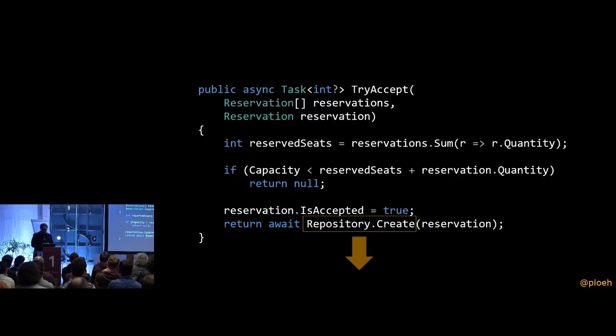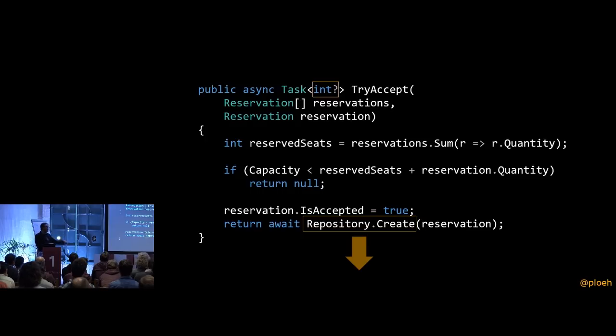So one way we could do that, we could say, well, we already know how to communicate our decision to the caller because we were returning that nullable int, and we talked about how a proper integer means you have a reservation ID, and that means the reservation was accepted, and null meant that it wasn't. So we could do something like that. But the problem is that the integer comes from calling repository create, because that's the return value from calling repository create.